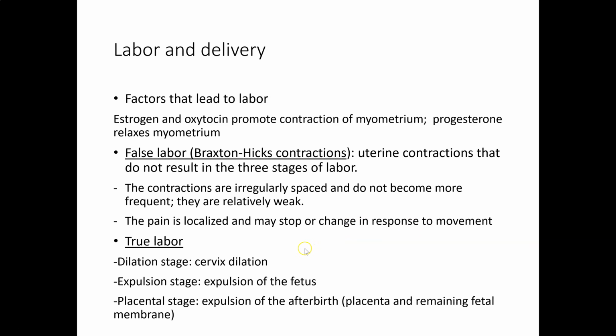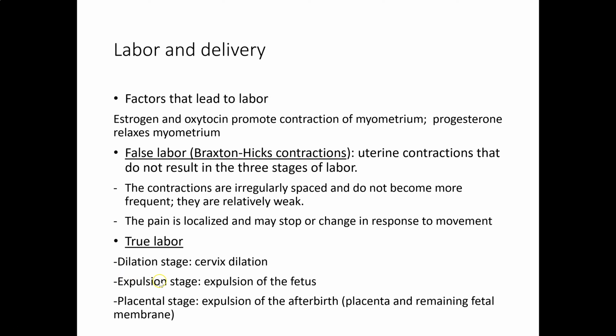True labor also has pain not only in the lower abdominal region, but a lot of times also related to the lower back. And the contraction tends to become regular and more frequent over time. There are 3 stages of true labor.